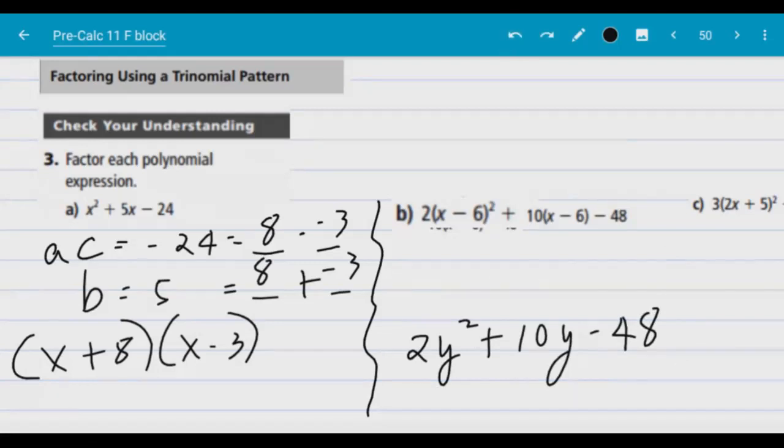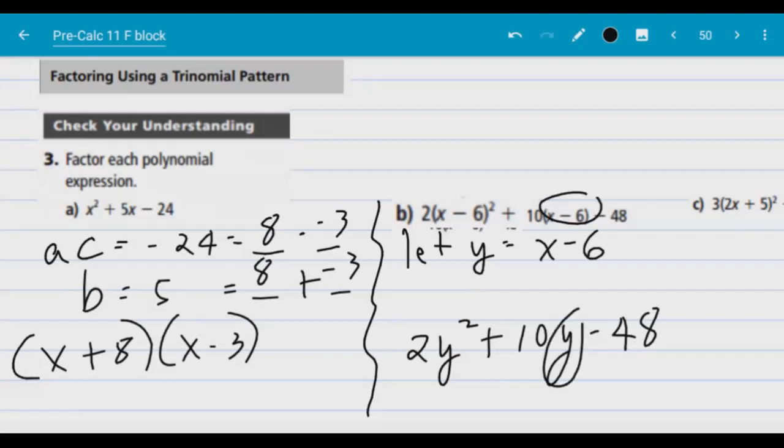All right. So, excuse me. What I intended to do was I will create another variable y, which would be equal to x minus 6. By doing that, I am able to get rid of this x minus 6 squared and turn it into just y squared right here. And this x minus 6 here and turn it into just a y.